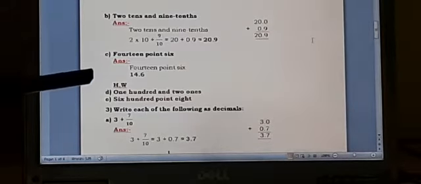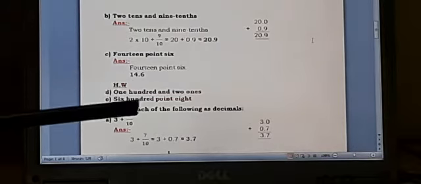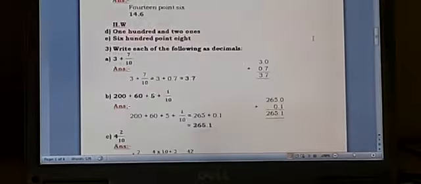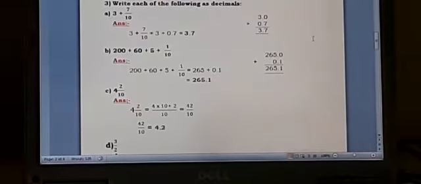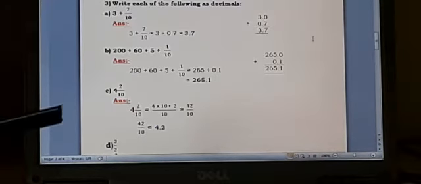Next question, 14.6. It's very easy to write in decimal. 14 is a whole number, then the decimal point, and 6. That is the answer. Next question. Write the following as decimals.